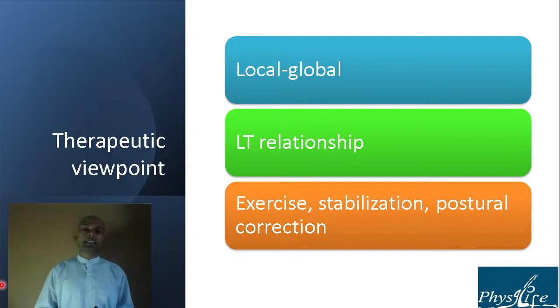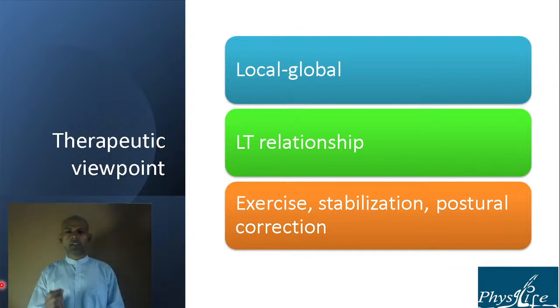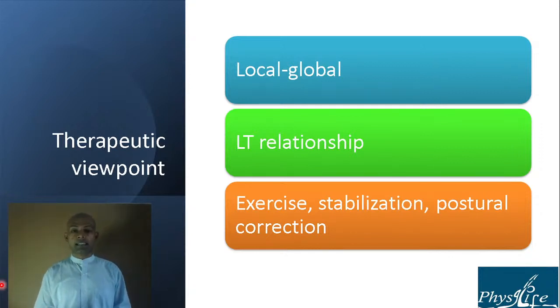And that also tells us that manual therapy, whether it is dry needling, cupping, or any other form of manual therapy, is not a standalone treatment. It's just a side dish, where your main dish is functional activity, exercise, functional stabilization, postural correction, and adherence to the commitment of living a healthy life from your patient.